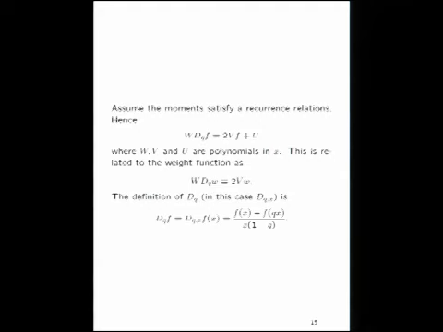So the first step we do is assume that the moments satisfy some recurrence relation. Now that is equivalent to the fact that the Stieltjes generating function satisfies some first degree holonomic equation. That's q-difference holonomic.